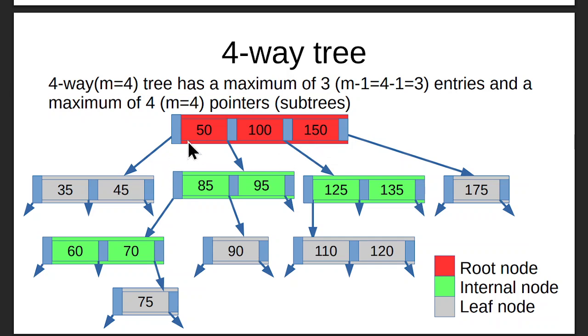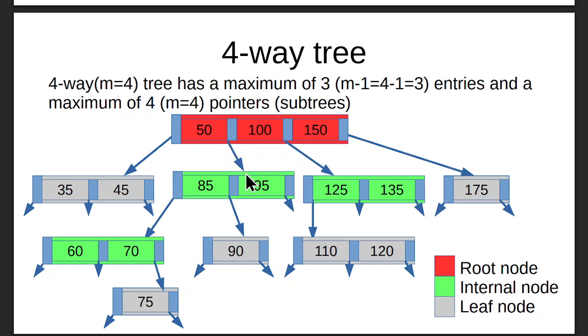Now, if we look at the subtrees, this is the main node which has a left pointer. All the key values in this subtree are less than 50. Here we have 35 and 45, which are less than 50. Now if we look at the right pointer of the first entry node, 50, which is the first entry node, this is the second entry node, and this is the third entry node.